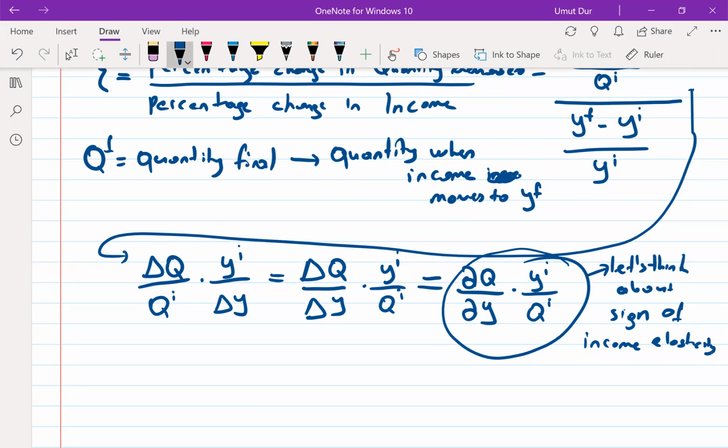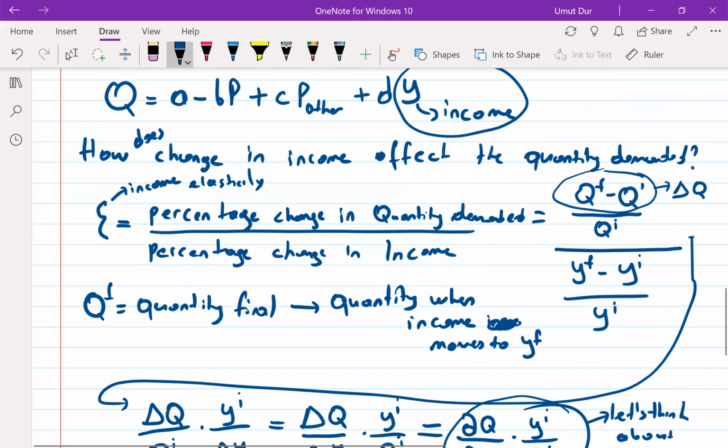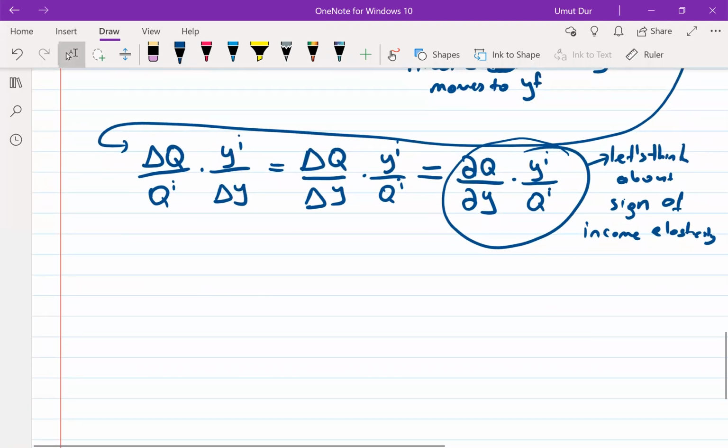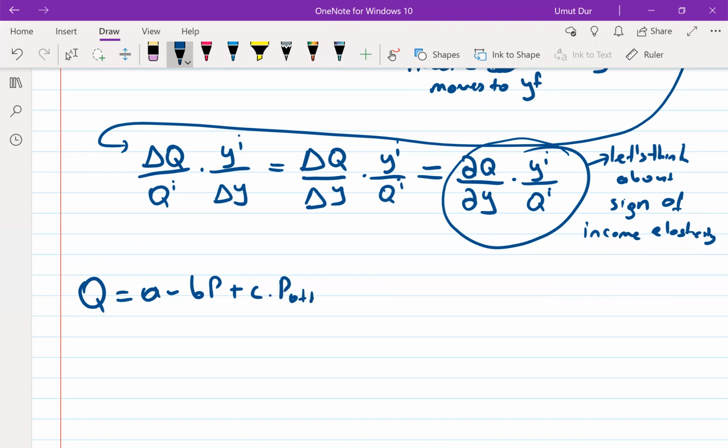If we rewrite the demand function we are interested in, A minus BP plus C times the other good's price plus D times income, then on this linear demand function, what is dQ over dY?